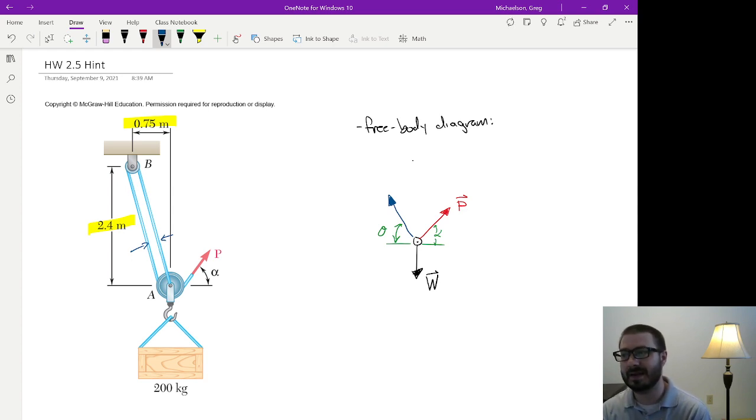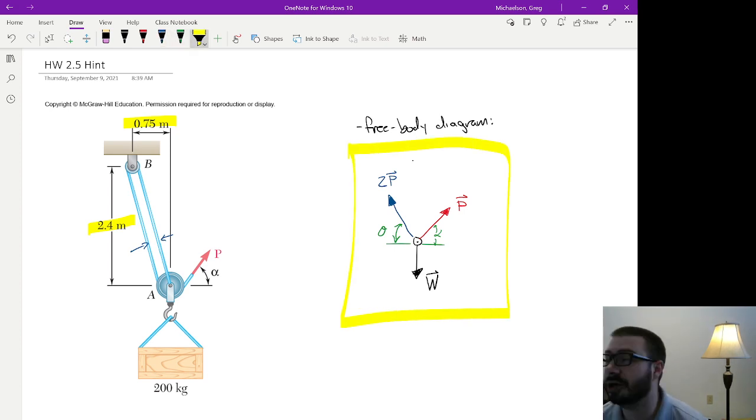The idea is that there are two cables, so that vector is 2p. This is your hint for the homework. It is basically the free body diagram: you have the weight vector going down, you have p going up and to the right, and you have 2p going up and to the left. That is enough information to solve for the required force p in order to achieve equilibrium.